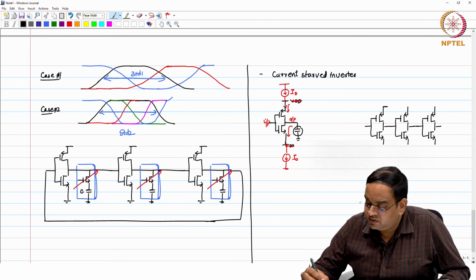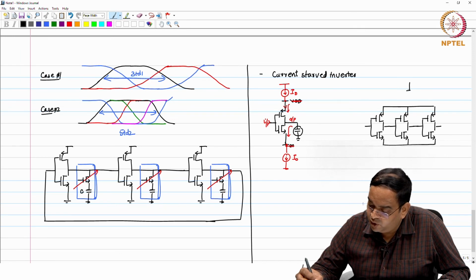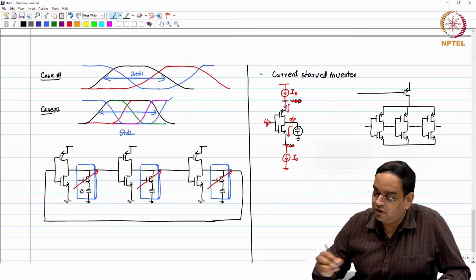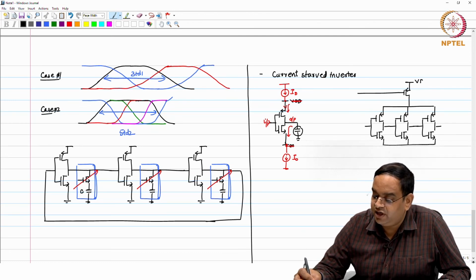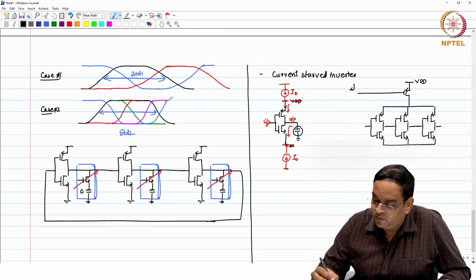So, we have all these 3 inverters, and I control the current which goes to the oscillators. This is now VDD, and I can control this current by using V control.